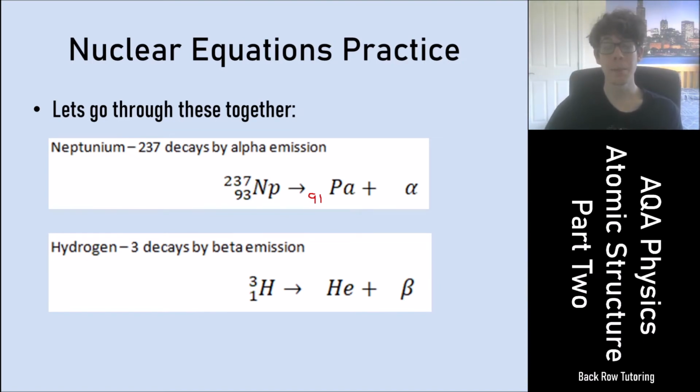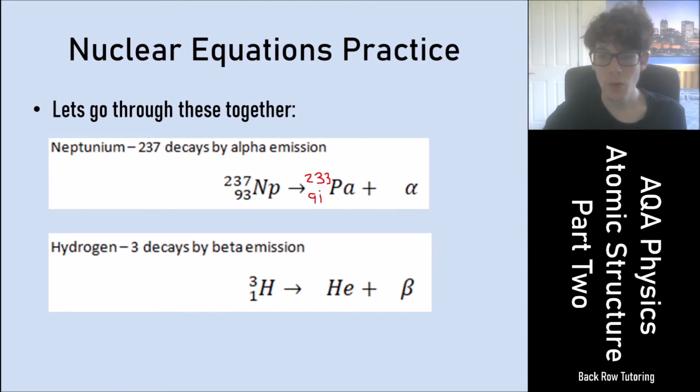Remember, alpha emission is 2 protons and 2 neutrons, and protons and neutrons go towards the mass number. So if we've lost 4 of these in total, our mass number reduces by 4, leaving us with a mass number of 233. Okay, so remember, we know that both sides of the equation have to have the same mass and the same number of protons.